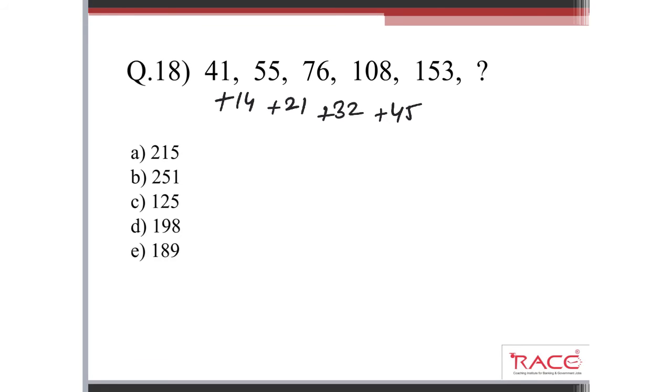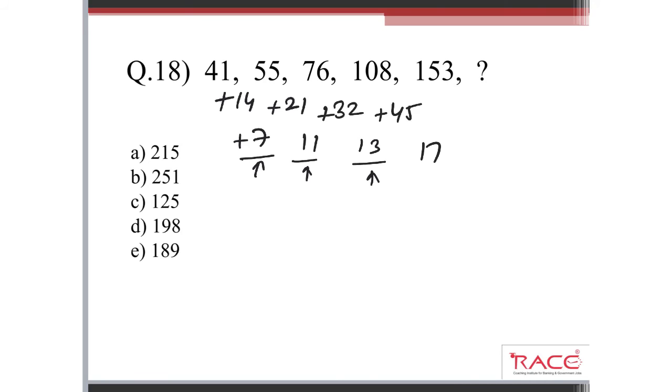Now again we have to find out the difference. 14, 21, 7. Here we have 11. Here we have 13. So we can see these values are what? Prime numbers. After 7 we have 11 as a prime number, then 13 as a prime number.